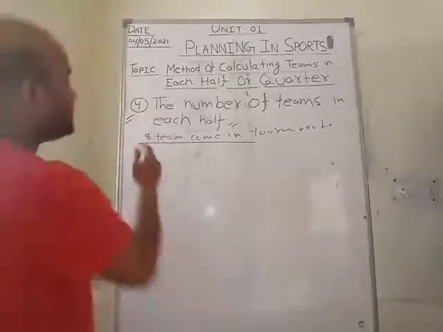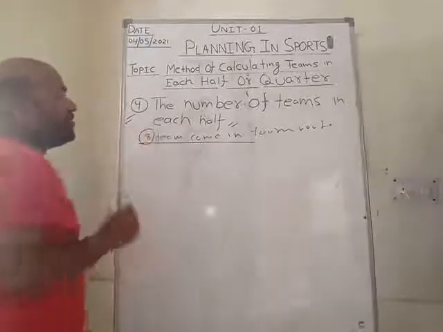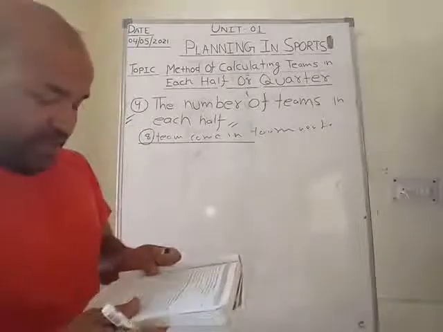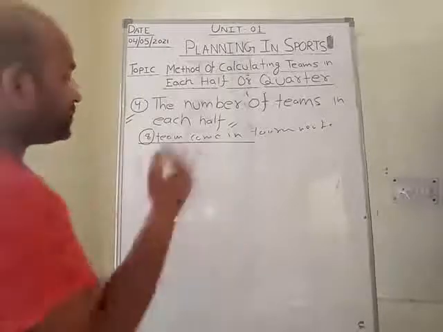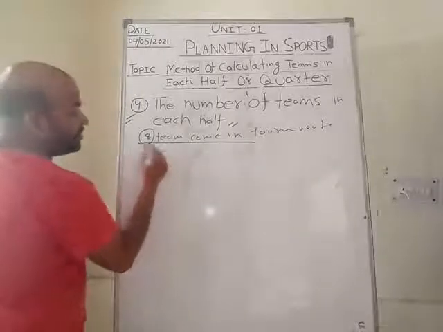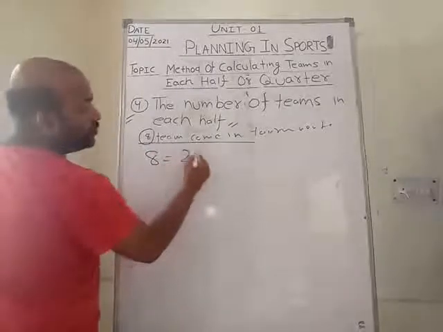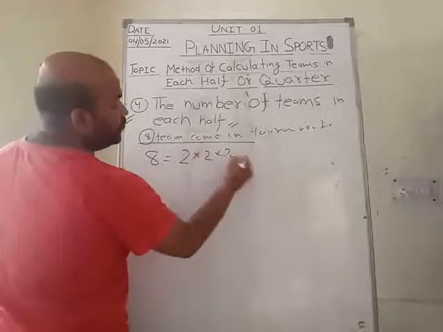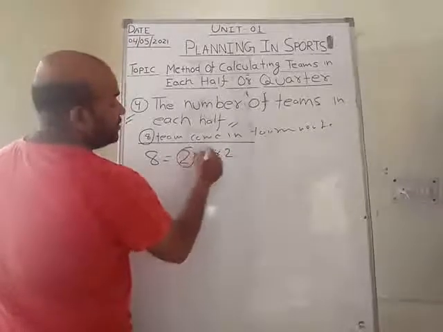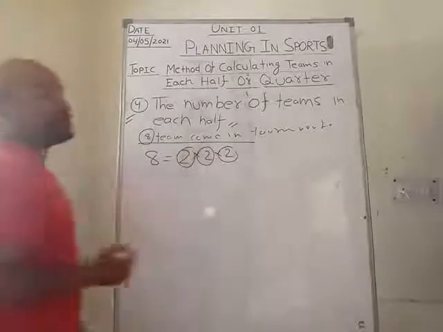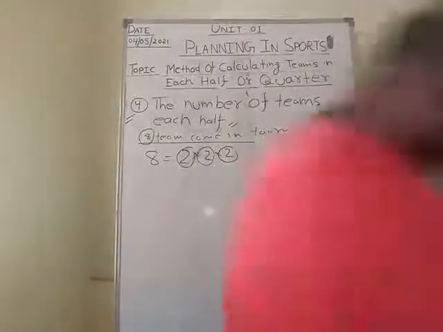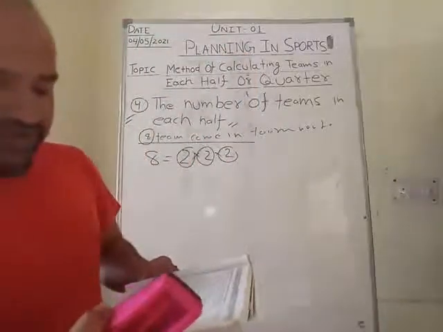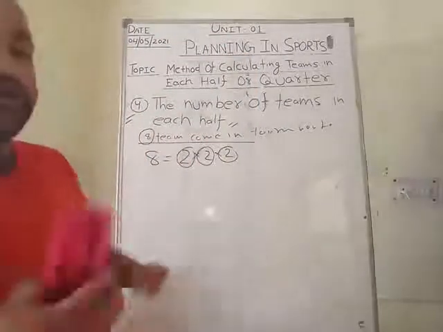So 8, the number of teams, is in the power of 2. 8 equals 2 into 2 into 2. There are 3 factors of 2. So it is easy to divide the teams into two halves.